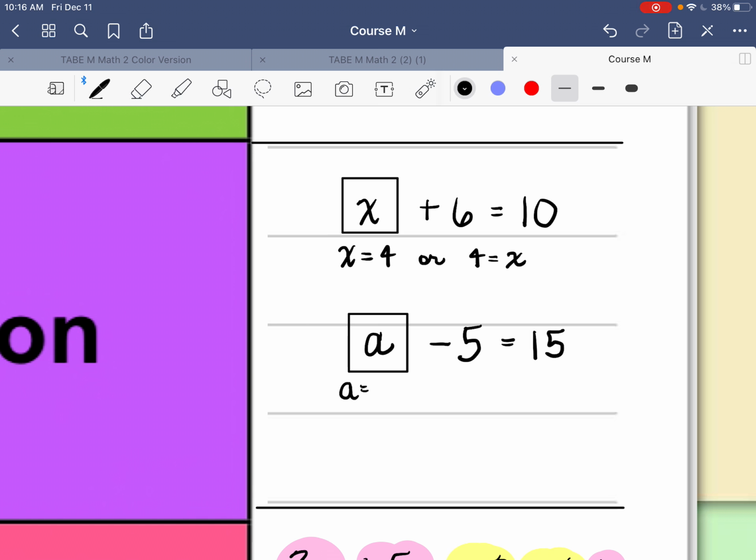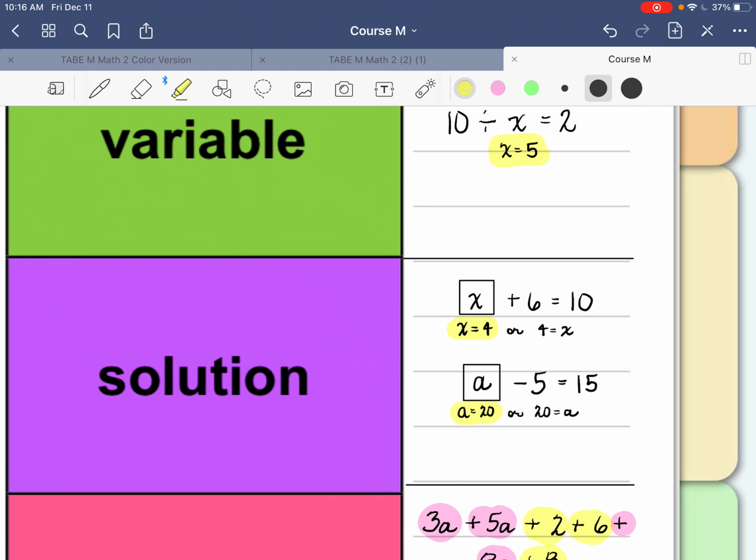A is 20, or 20 is A. You can write it either way. So the solution, I'm going to always go with standardized. So the solution I'm looking for is highlighted there for those equations.